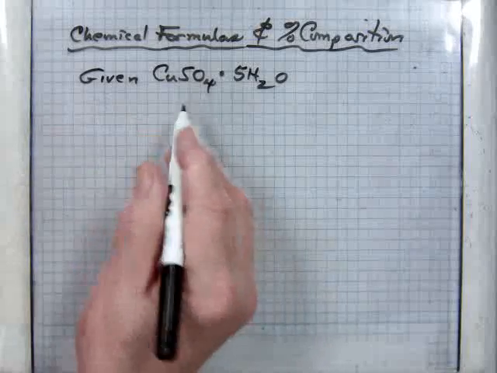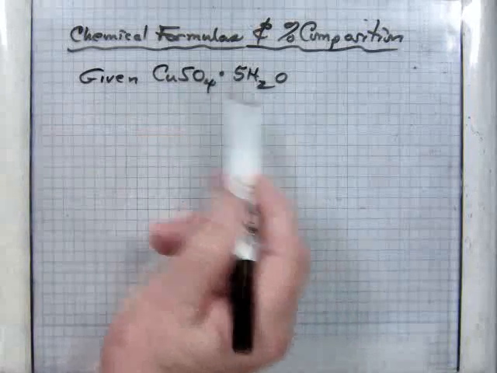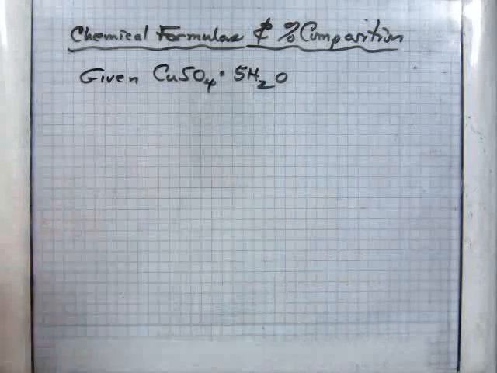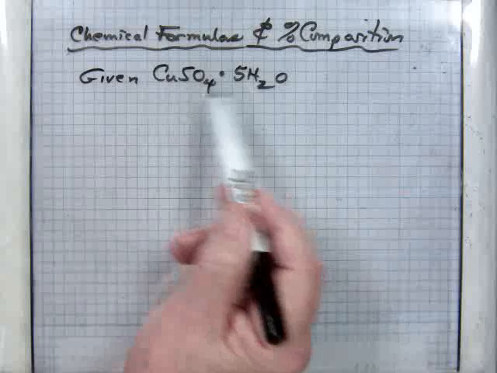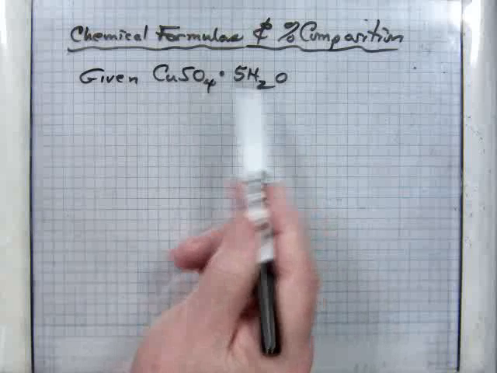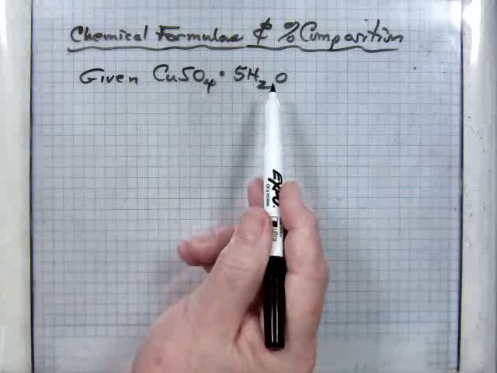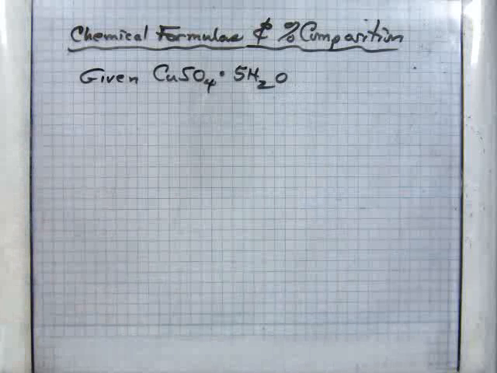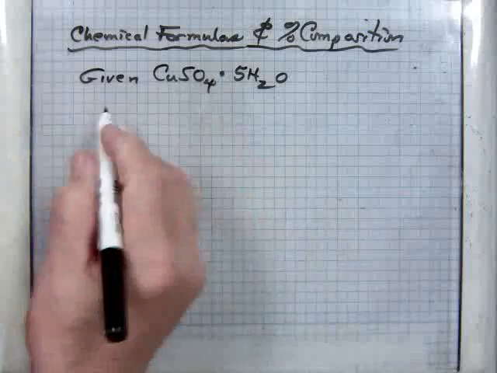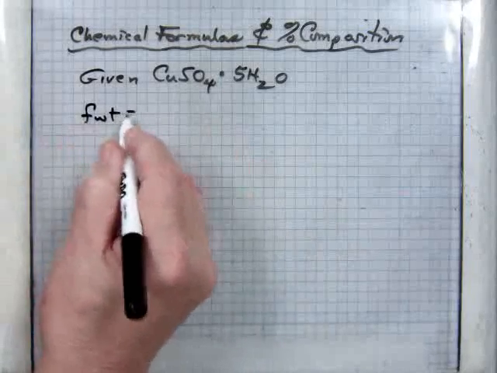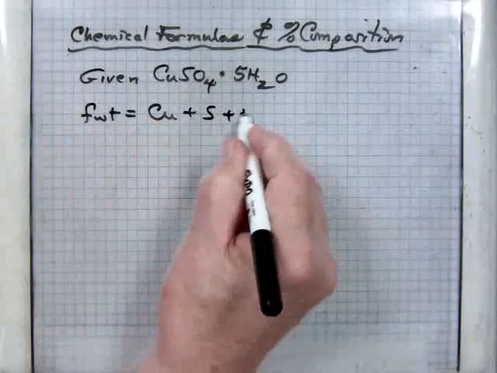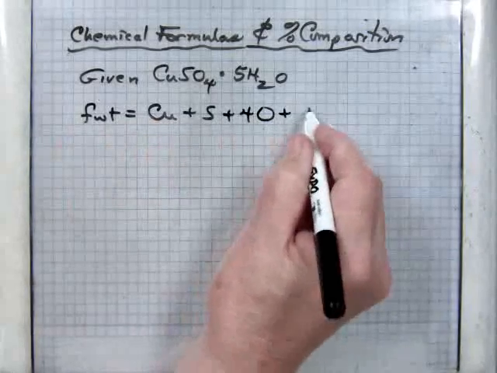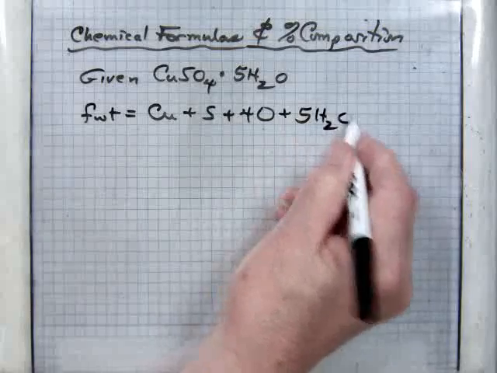So if we wanted to calculate the percent water in this formula, we'd determine the formula weight of the copper sulfate pentahydrate, formula weight of 5 H2Os, and take the ratio of H2O to the copper sulfate times 100. So formula weight, of course, involves a copper plus a sulfur plus 4 oxys plus 5 H2Os.